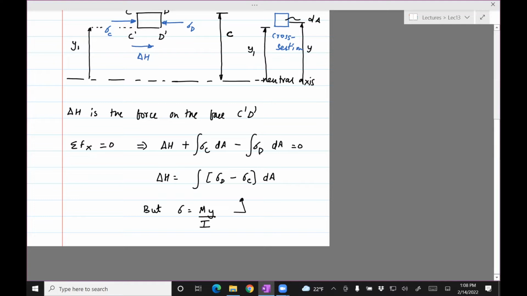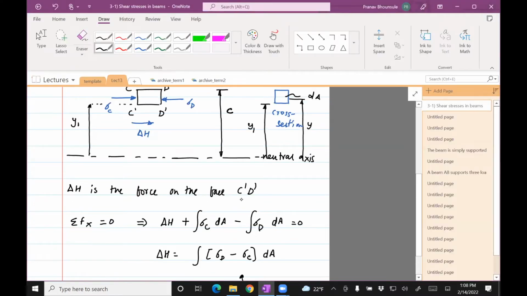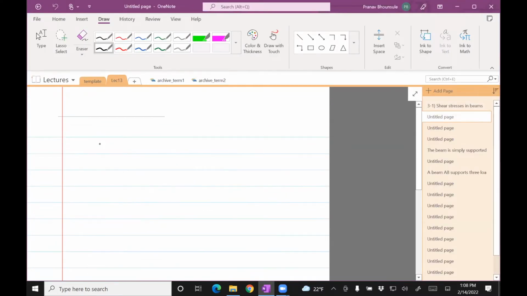Put this up, we get integral of MD minus MC, and then there is dA.